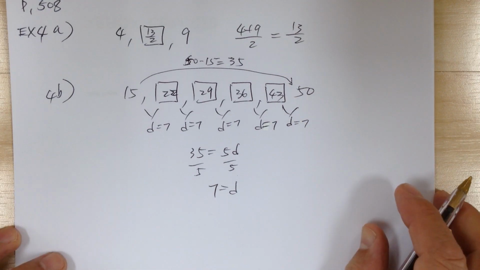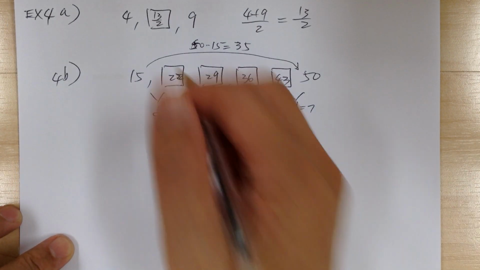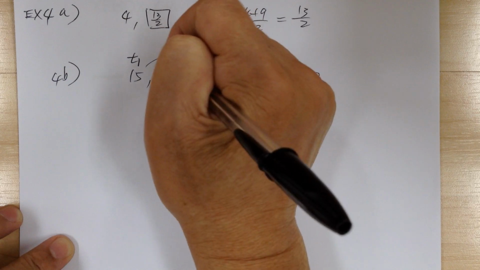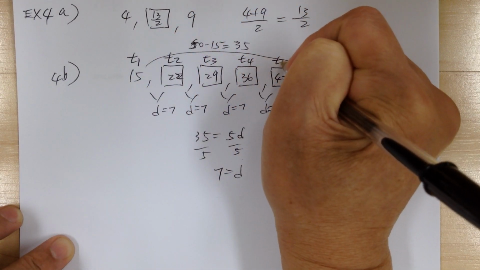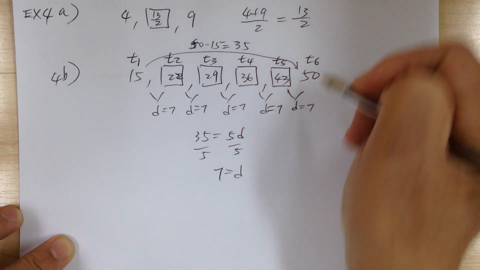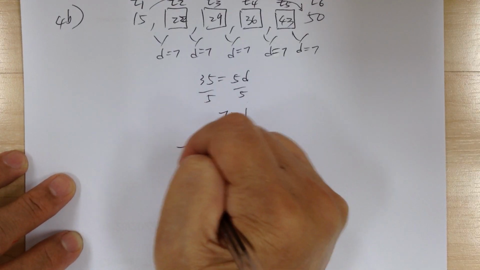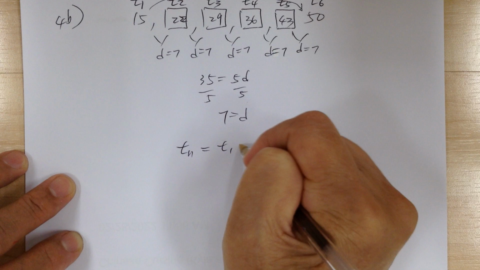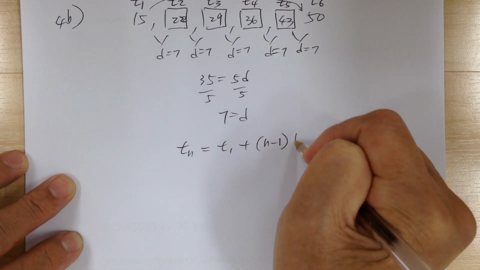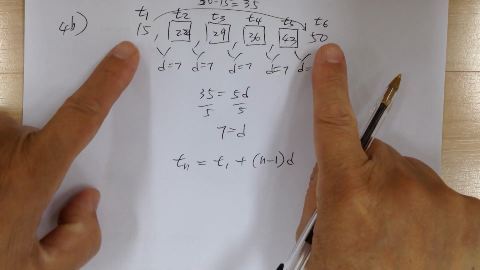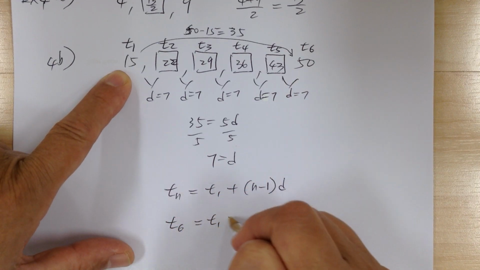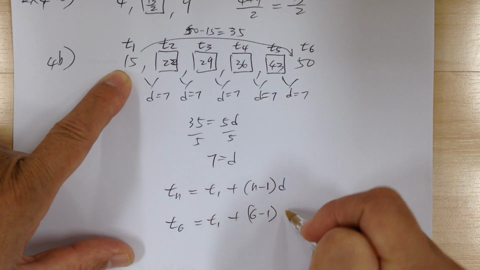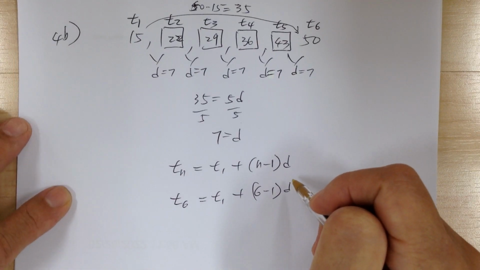Okay, another way to do this is by formula. So call this T1, so this will be T2, T3, T4, T5, T6, okay? So your formula would be T of n equals T1 plus n minus 1 times d, right? So you're going to use these two numbers, so that's your T6 equals T1 plus 6 minus 1 times d. Okay?